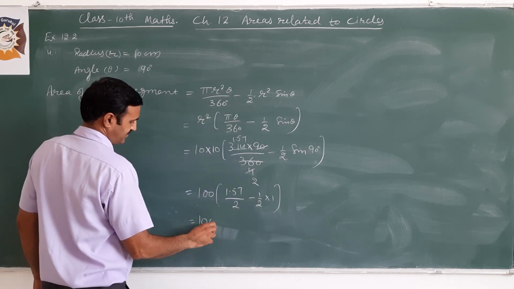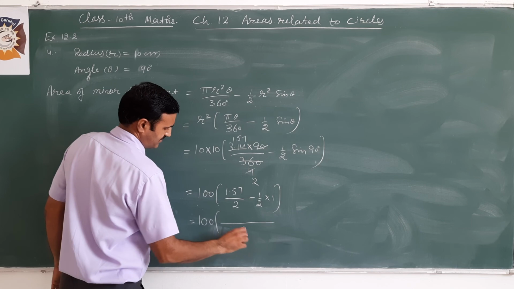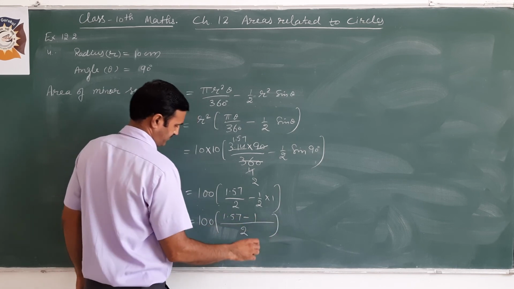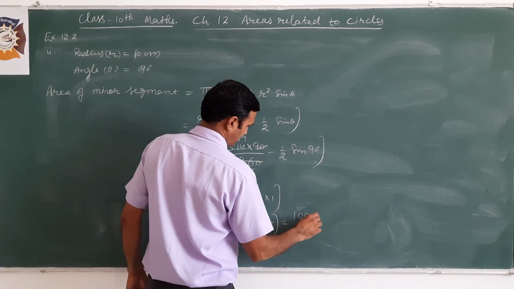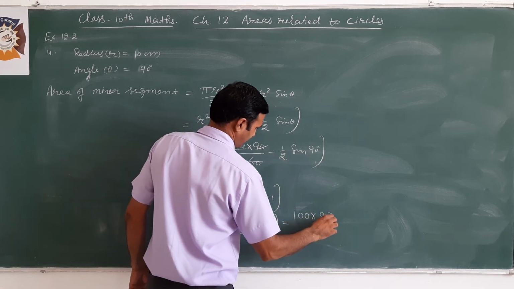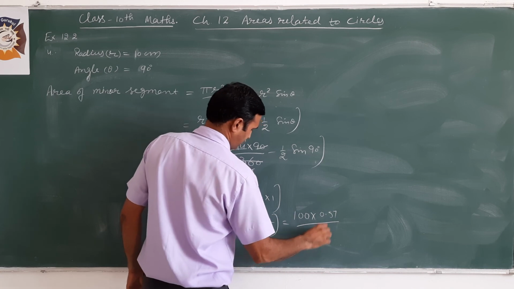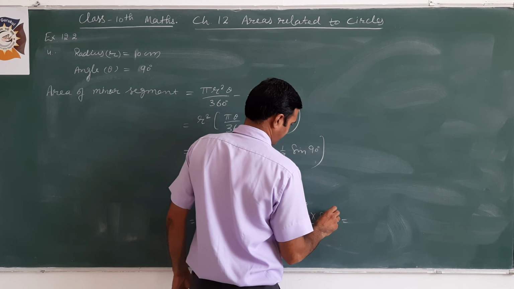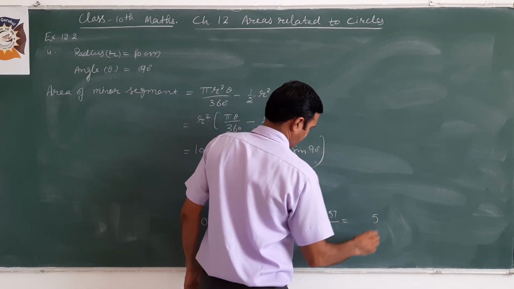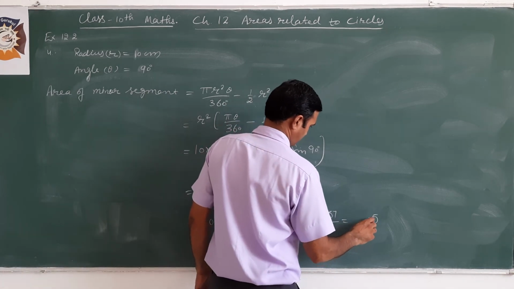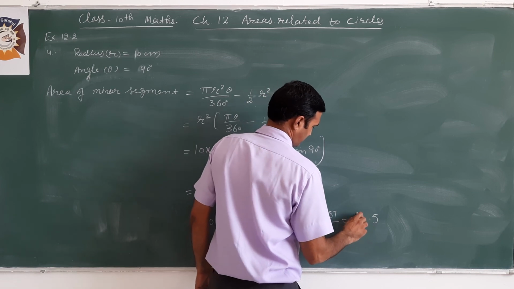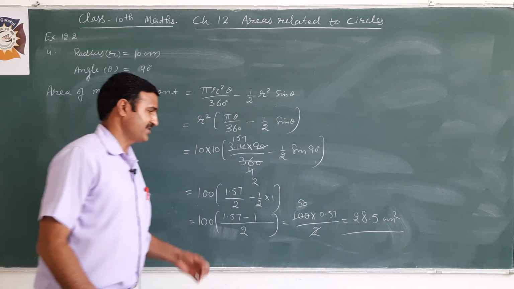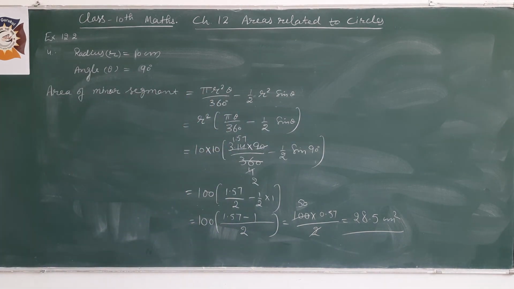Take the LCM. 1.57 minus 1, that is 100 into 0.57 upon 2. On multiplying, 28.5 square centimeter. This is the area of minor segment.